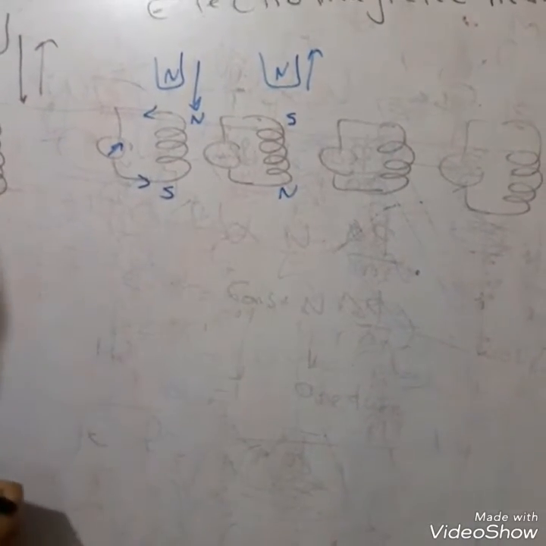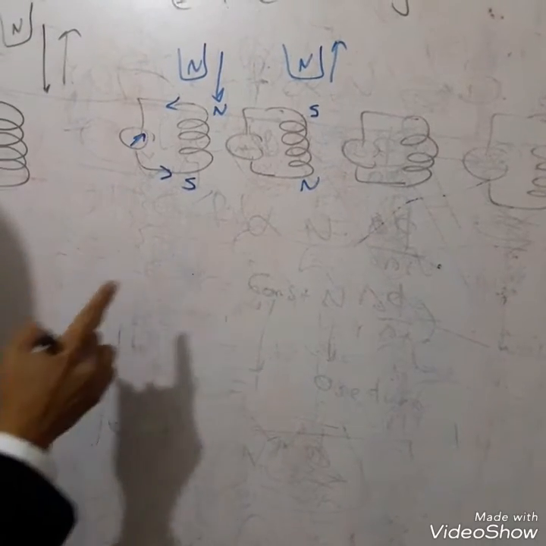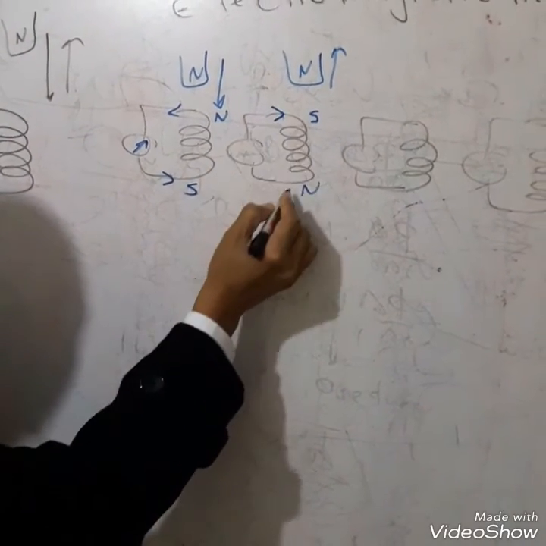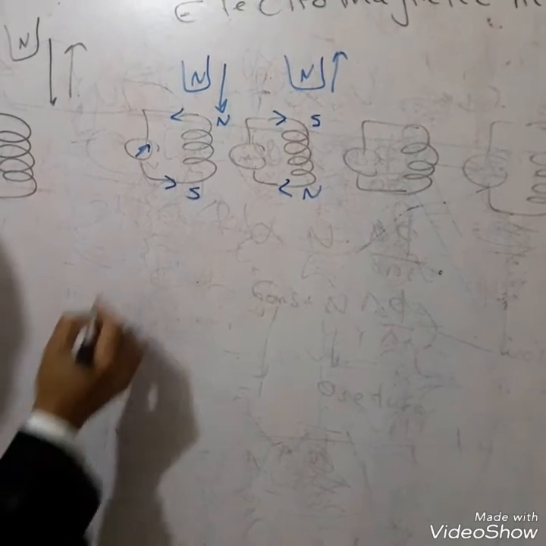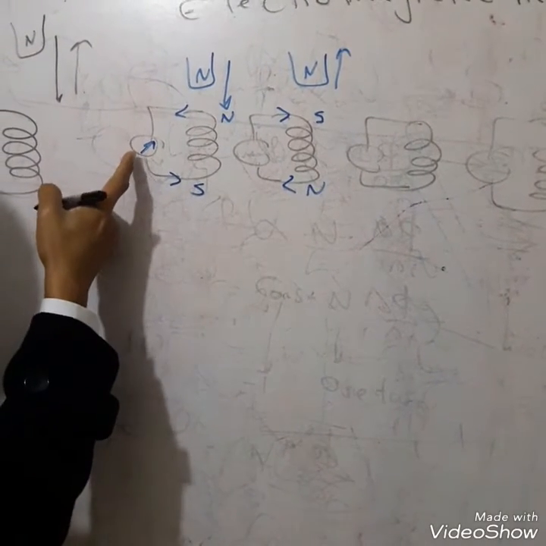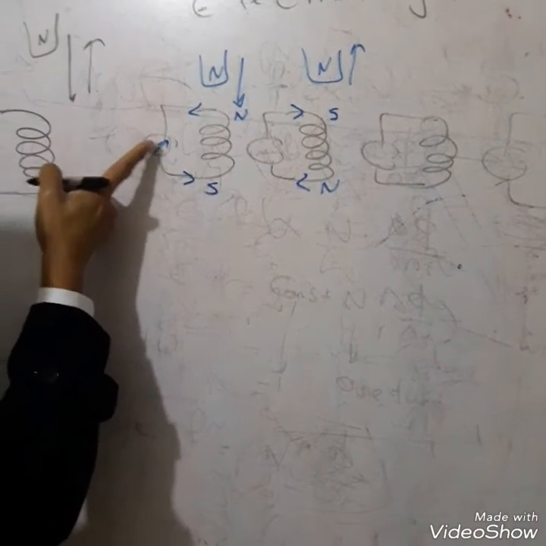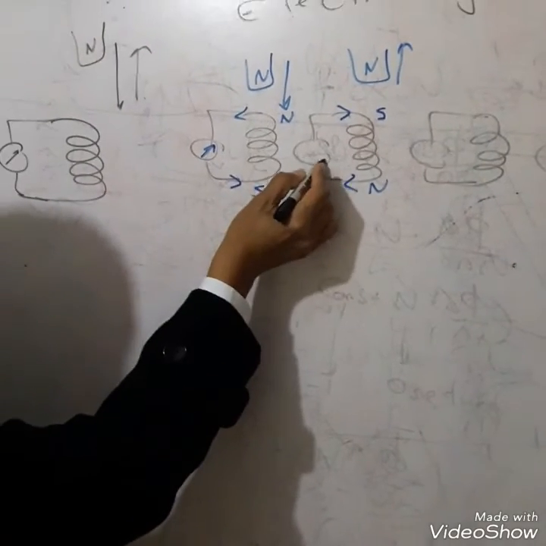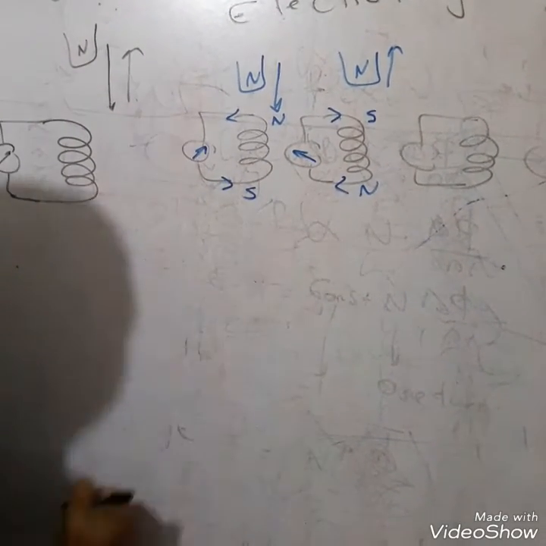So the direction of the induced current passes from S to N. The pointer deflects like this, and in the other case the opposite, or vice versa.